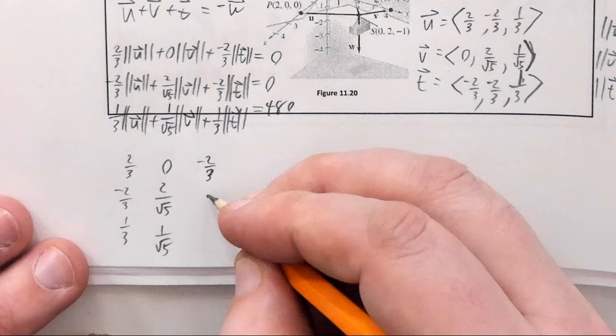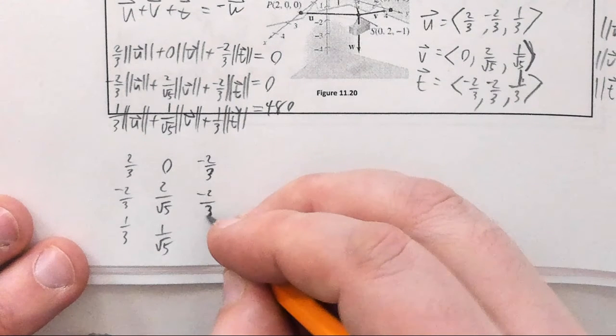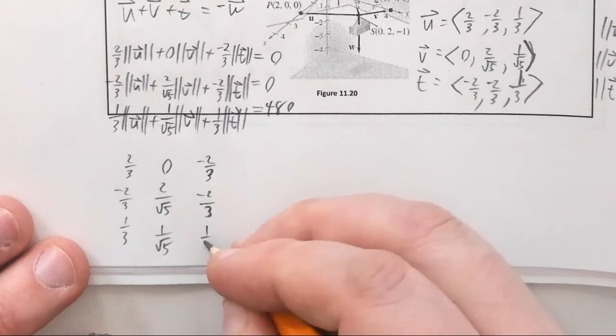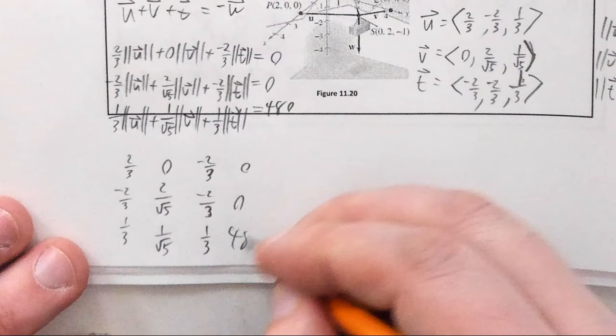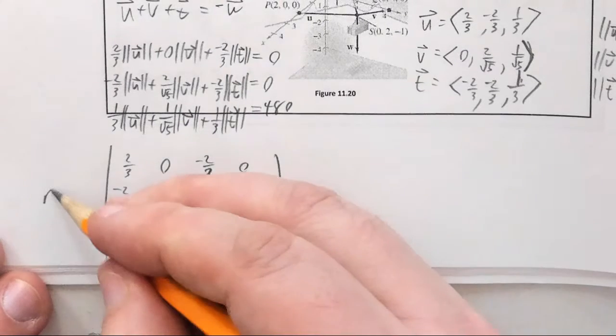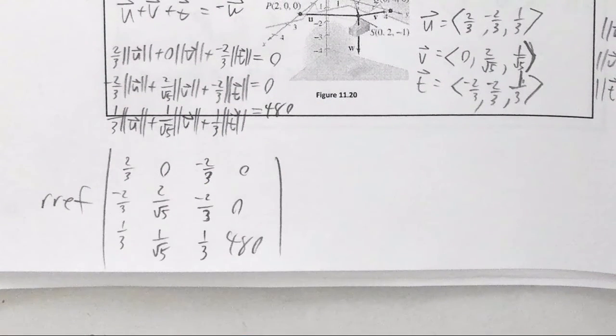We learned another way to do it: reduced row echelon form, Gauss-Jordan elimination. That's the technique I would use, because if you take all those coefficients along with 0, 0, and 480, all into a matrix, all you need to do is RREF. Your calculator. Punch it in.